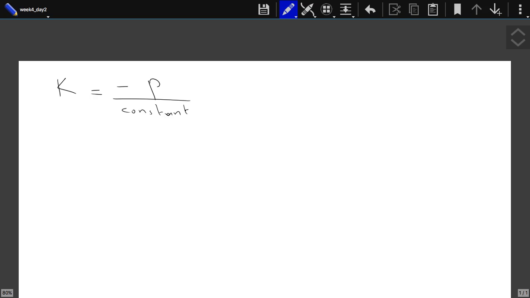For example, in classical physics, momentum is the generator of translation. Here this K operator, whatever that is, generates translation. So just making this analogy, we are borrowing this idea that K should be somehow related with momentum in classical physics.